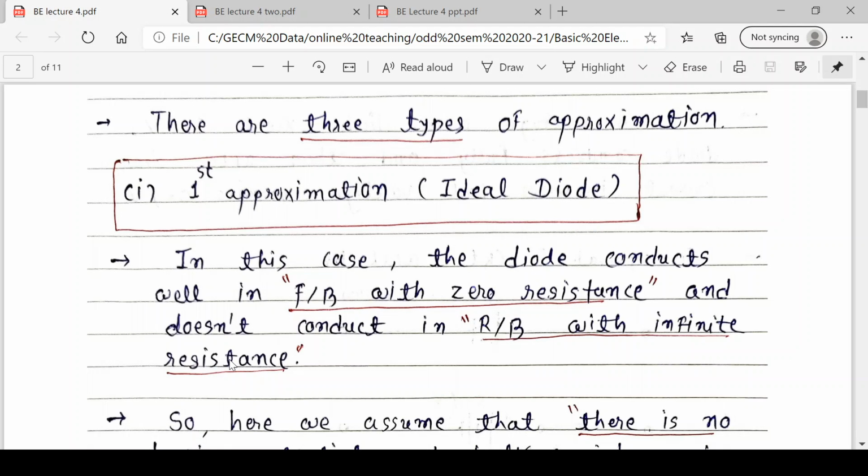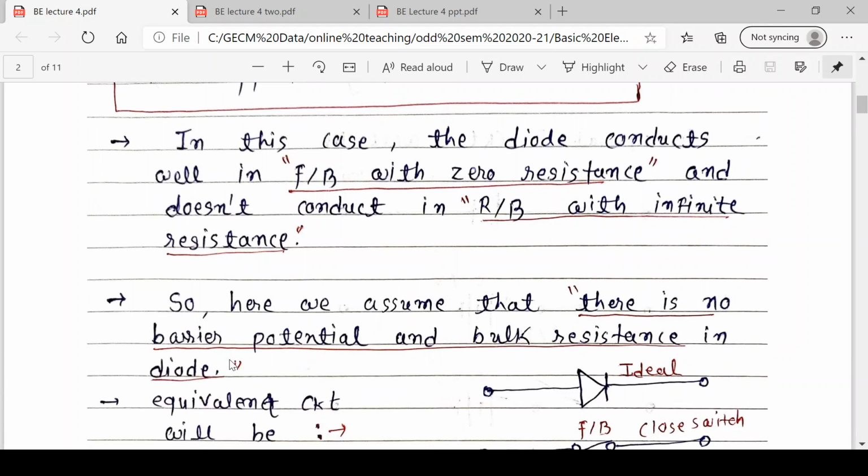So why does the ideal diode behave like this? Because there is an approximation that the ideal diode does not have any barrier potential as well as no bulk resistance. That means the ideal diode does not have a barrier potential of 0.7 volt, and it also does not have bulk resistance. It is just ideal.